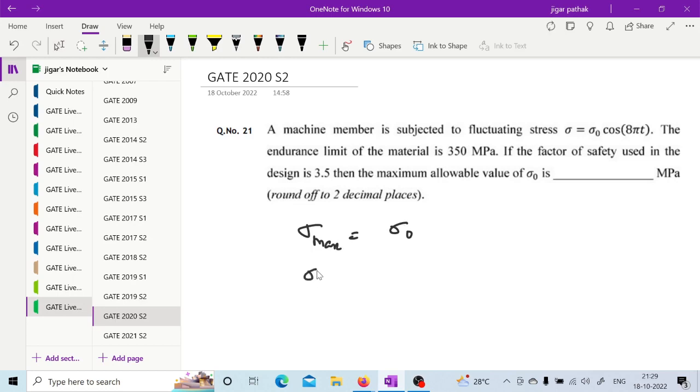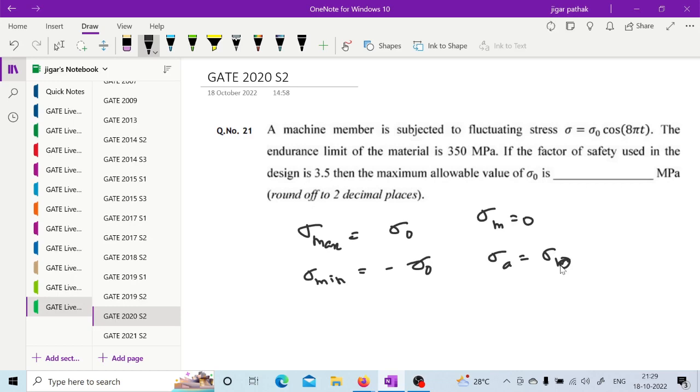So maximum will be sigma naught, minimum will be minus sigma naught, so sigma mean will be 0, sigma a will be sigma max or sigma naught.